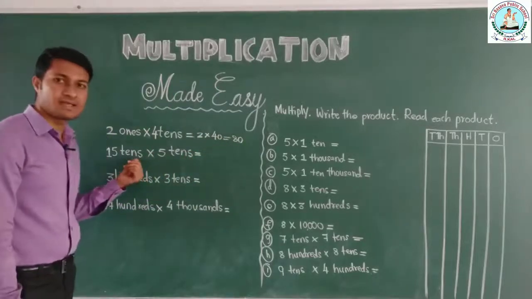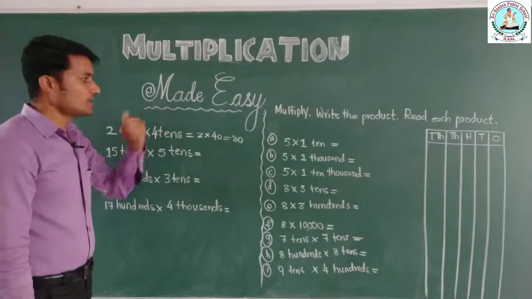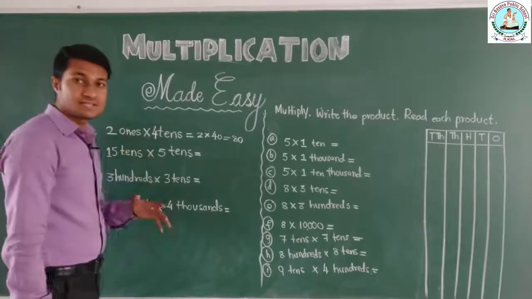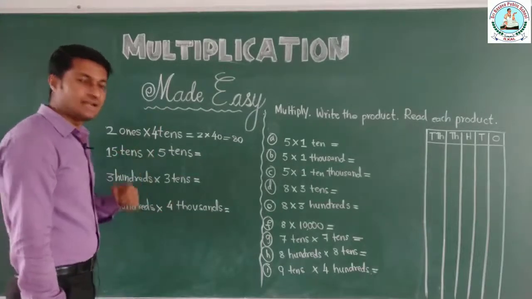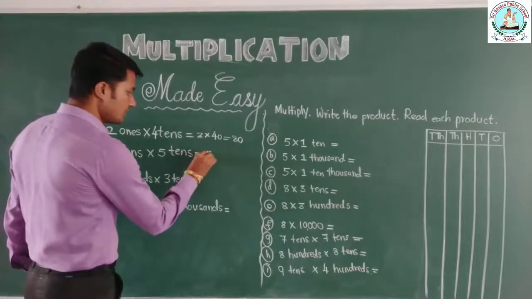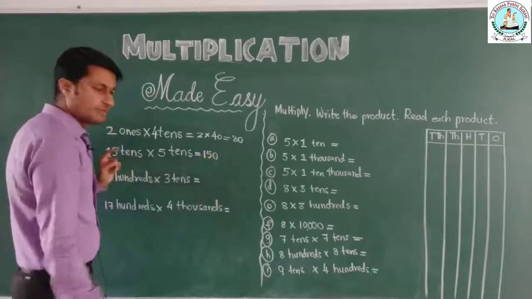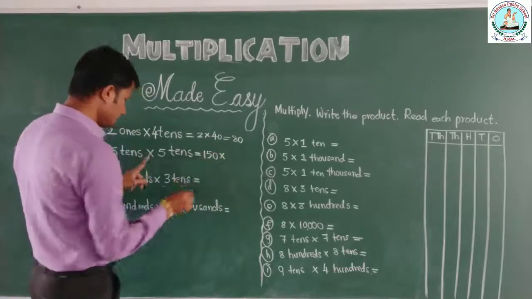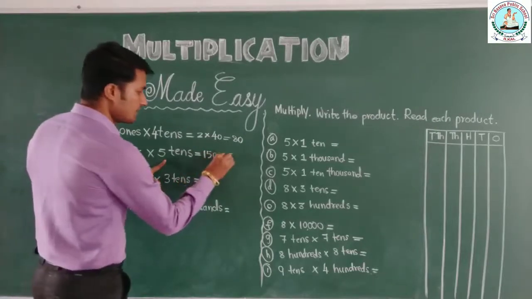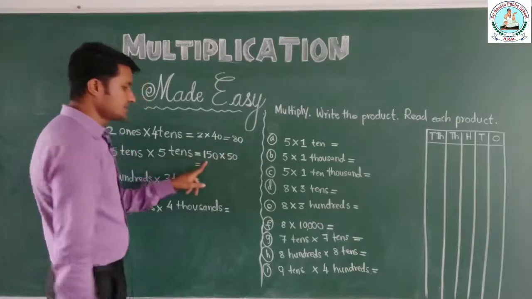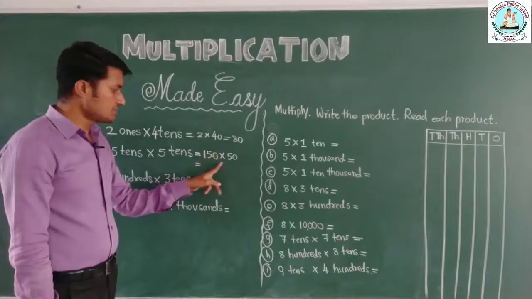Similarly, let us multiply this using multiplication made easy. 15 tens: 1 tens means 10, whereas 15 tens means 15 and tens means 1 zero, so 150. Times 5 tens: write 5 and tens means 1 zero, so 50. You need to multiply 150 times 50.